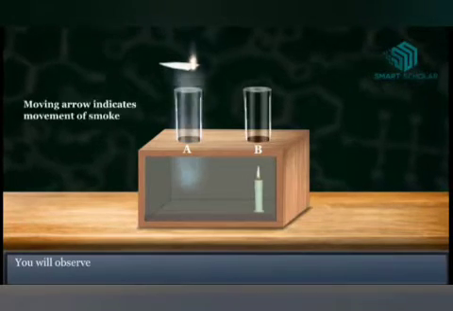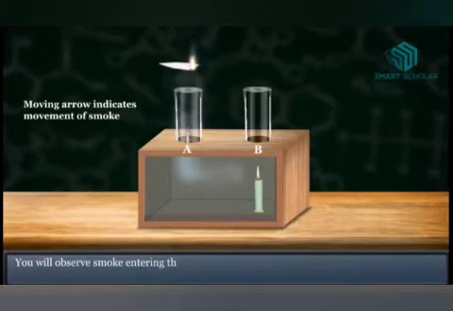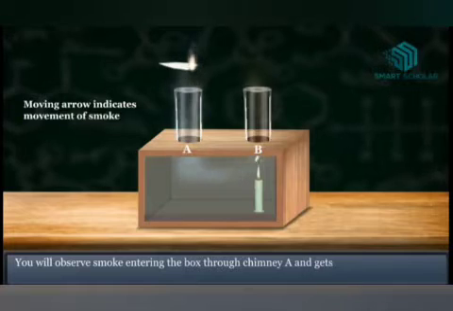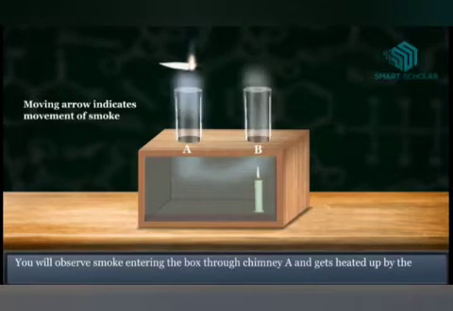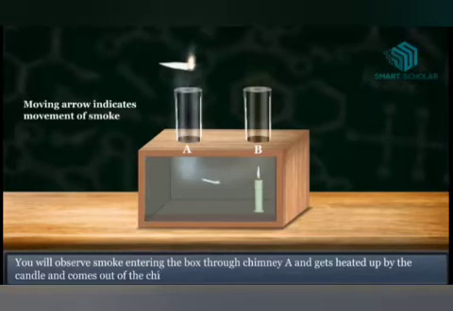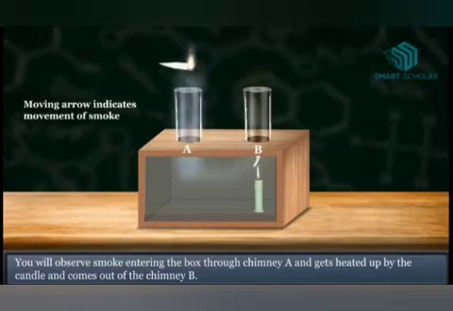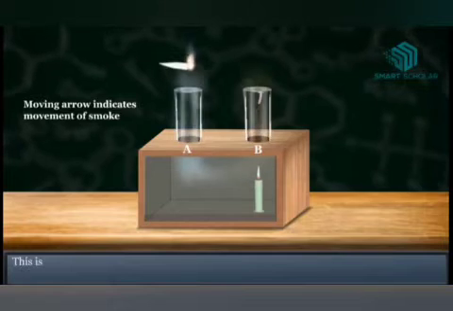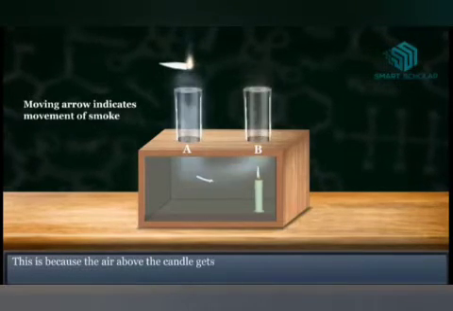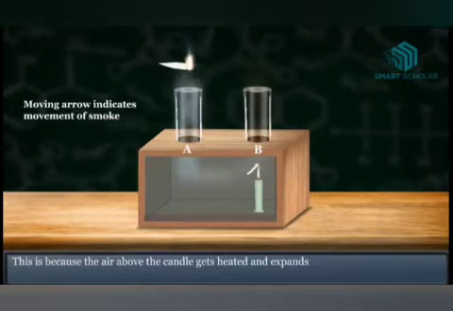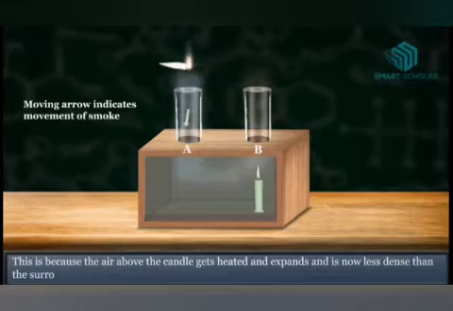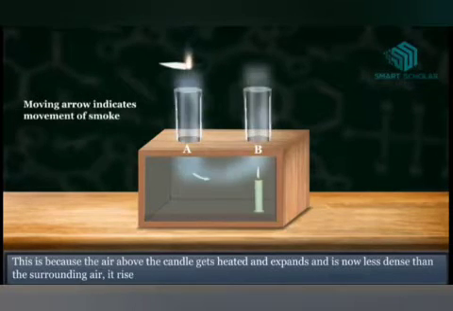You will observe smoke entering the box through chimney A, getting heated up by the candle, and coming out of chimney B. This is because the air above the candle gets heated and expands and is now less dense than the surrounding air. It rises out of the chimney.